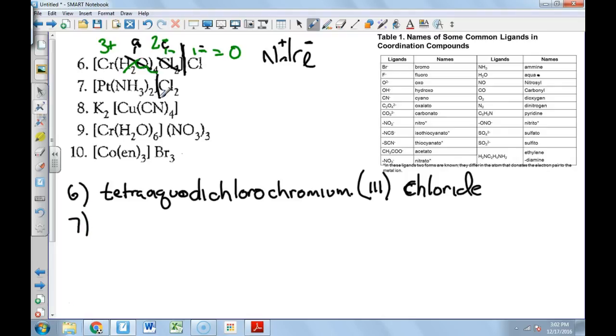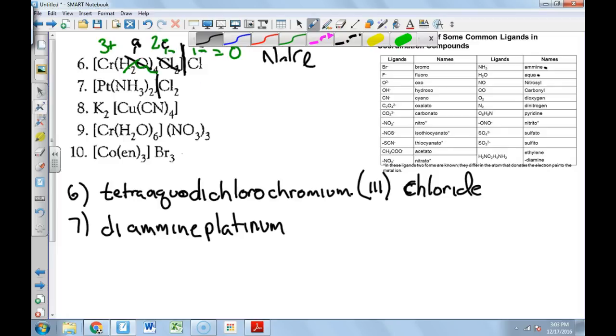Let's look at question number 7. Split it in half. There's only one ligand here, so we can just name the whole thing backwards. We're going to do di, and NH3 is amine, A-M-M-I-N-E: diamine. PT is platinum, and platinum is a transition metal, so we have to go through our charges.